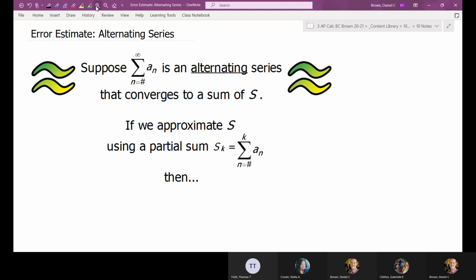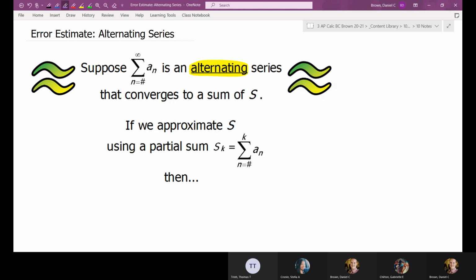For an alternating series, and this theorem only works for an alternating series, we do have an error bound where if we want to find the sum, we can figure out how exact we need to be. Do we need to be exact like 0.1, 0.01, 0.001, and use that error bound to figure out how many terms we need to add up to be exact to some certain value.